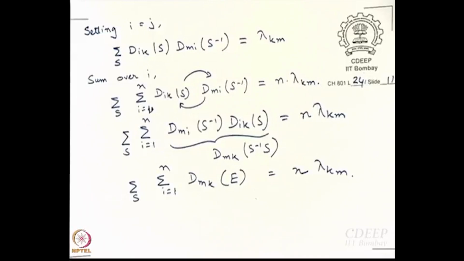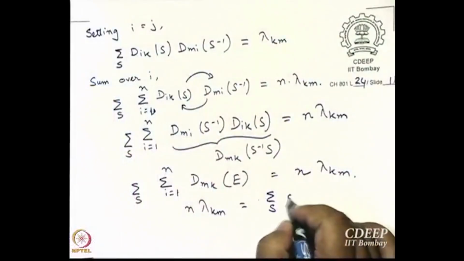So, what will that be? How do I write this? D_mk(E). Do I not write it as delta mk? I can write it as delta mk, isn't it? So once again, we have got our unit matrix. That is all we need to do here. Get to a unit matrix, and you get your Kronecker delta.